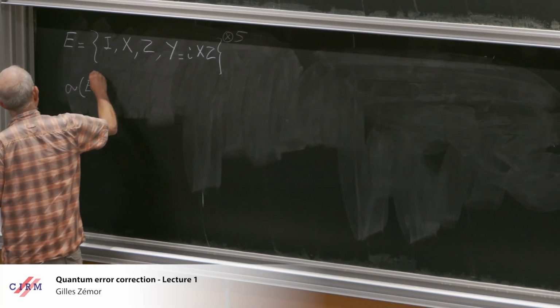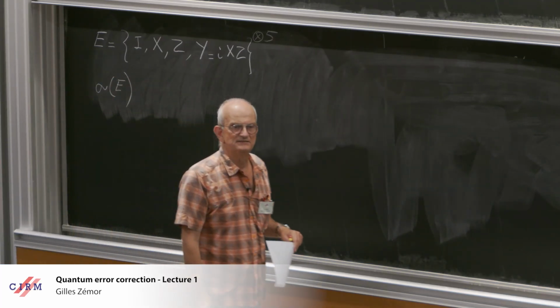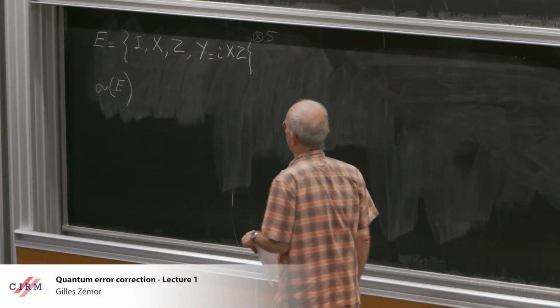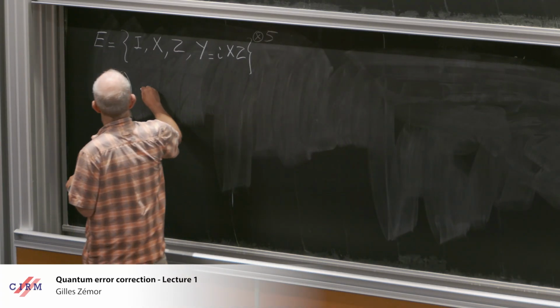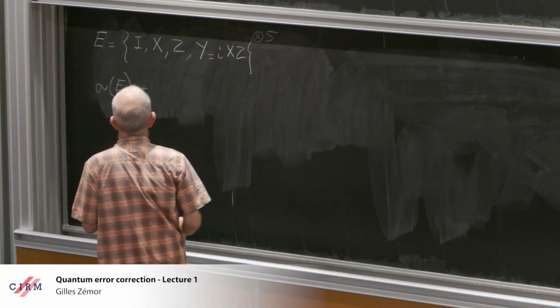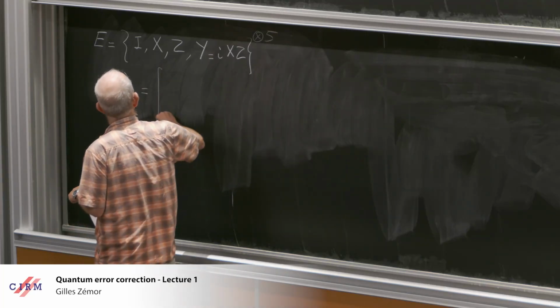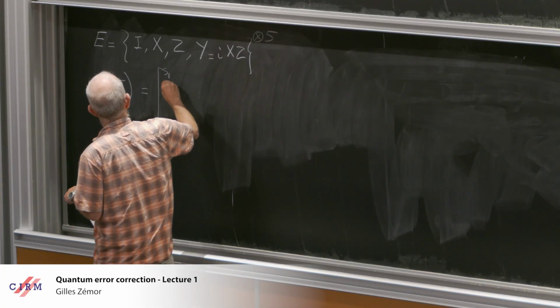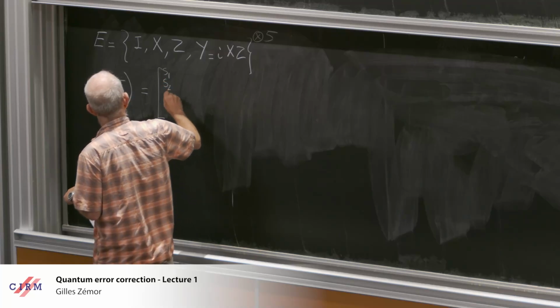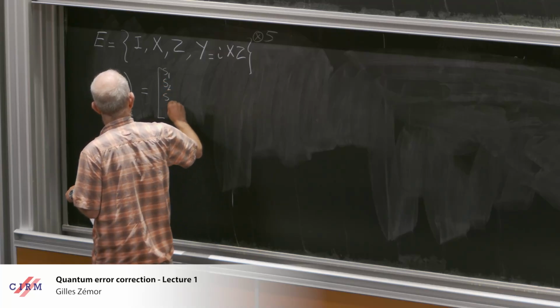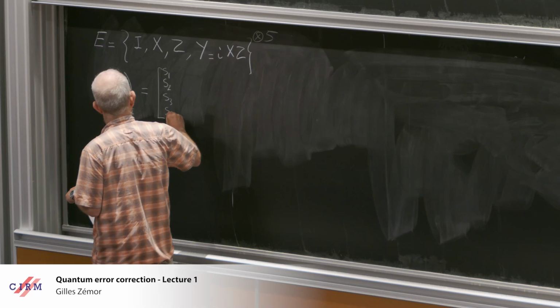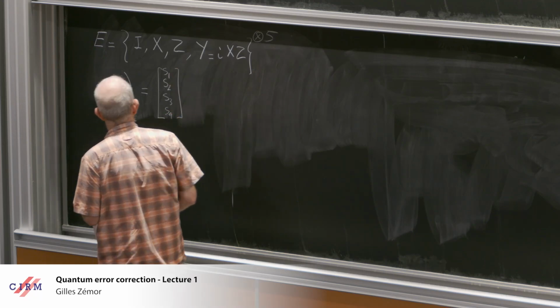Let me define what I will think of as the syndrome of an error, E. So what is this? It will be, like in the classical case, a 4-tuple of bits, S1, S2, S3, S4.